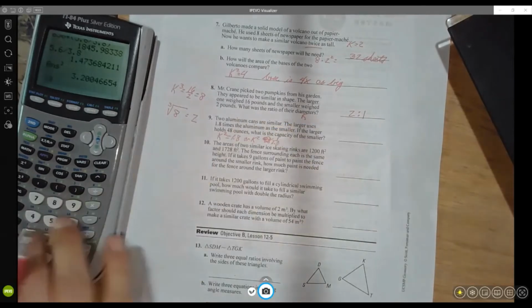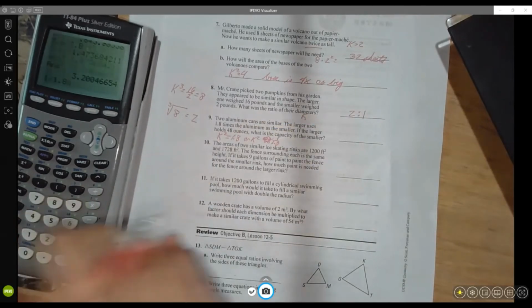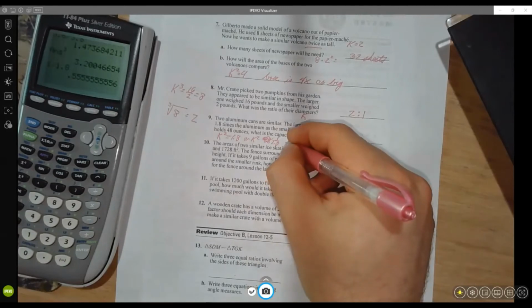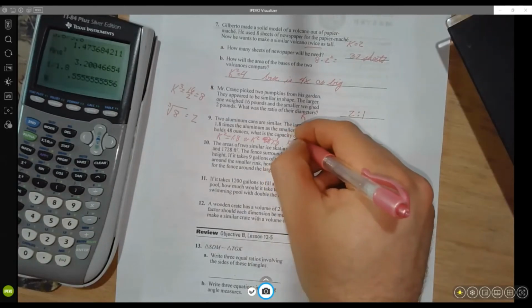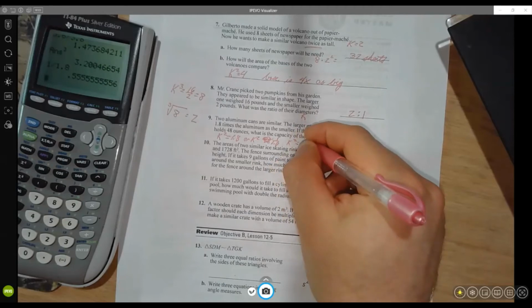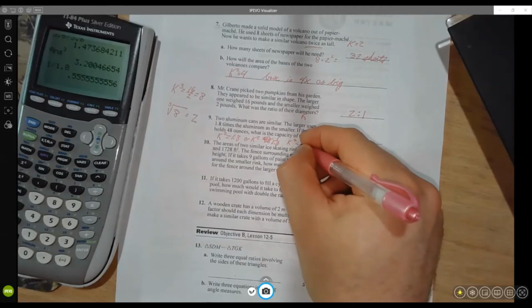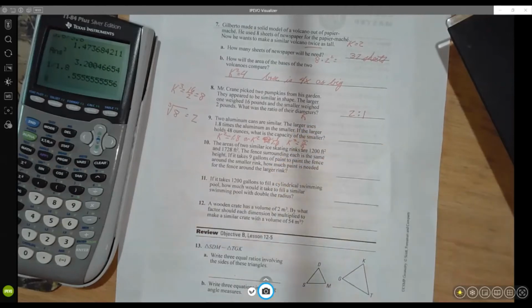Because I know when I go from the bigger to the smaller, my number has to get smaller. So K squared is 0.5 repeating. That's 5/9, I believe. So K squared's 5/9, but I want my K cubed value.